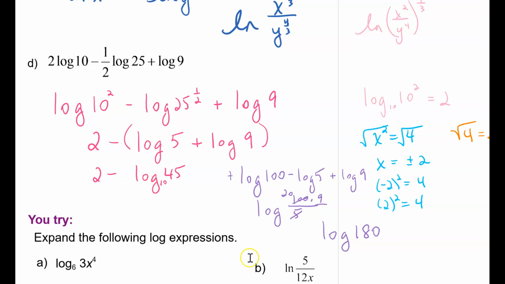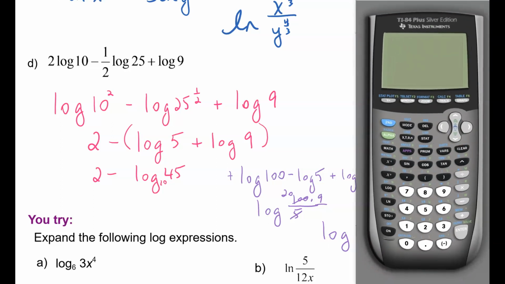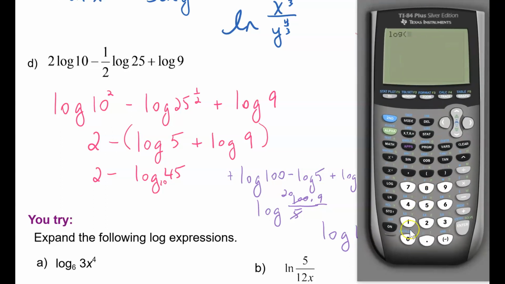Oh, you guys may not know where those log keys are. Okay, if you use just the log here, it's automatically going to give you a base 10, which is fine for this example here, which is 180. So log base 10 of 180. Okay, and then we get that number there. Oh, actually, that one's a log base 10 too, so it's okay.